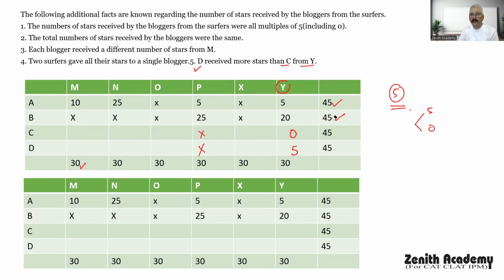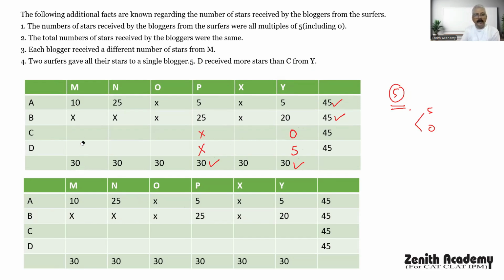So now look here, D 30 completed: 5, 25, 5, 30, and here 5, 25, 30 completed. And here 30 is not completed.